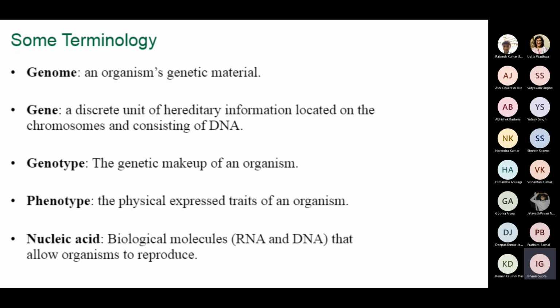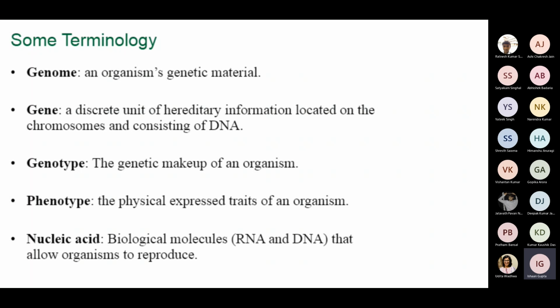If you are lactose intolerant, let us say, you might have a mutation that stops you from making the lactase gene as efficiently. Then your genotype would be the fact that you have a mutation, and the phenotype would be the fact that you are not able to make that gene and, let us say, digest milk efficiently.